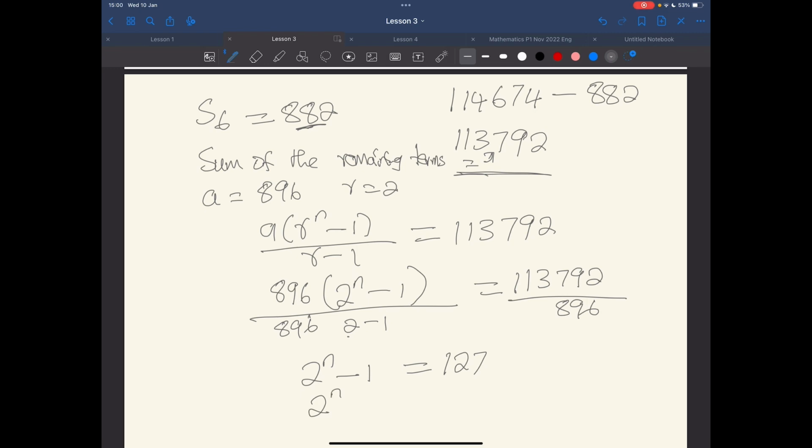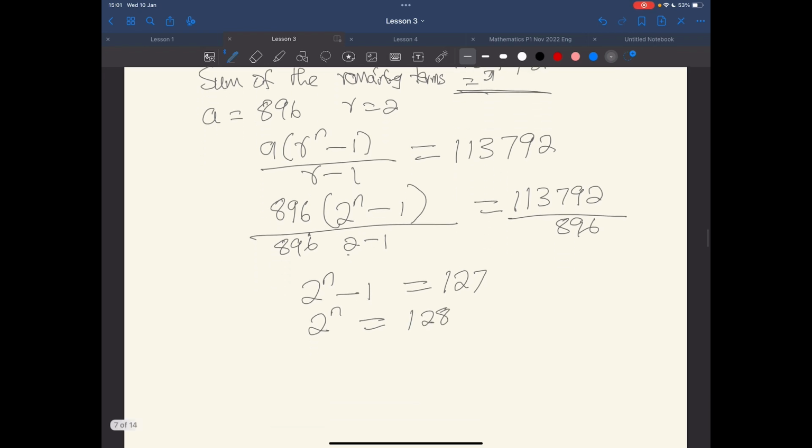So 2 to the power n is 128. Right, so you can use your logs here, or you can go straight to n is 2 to the power of 7.